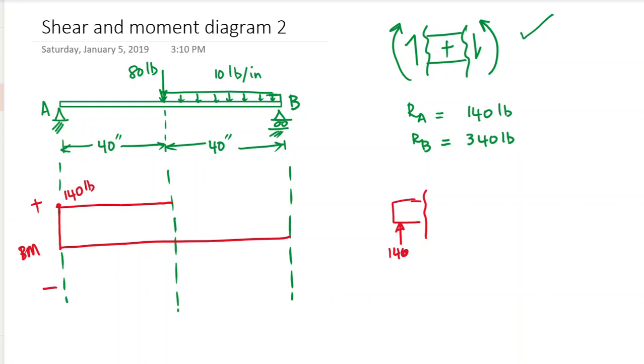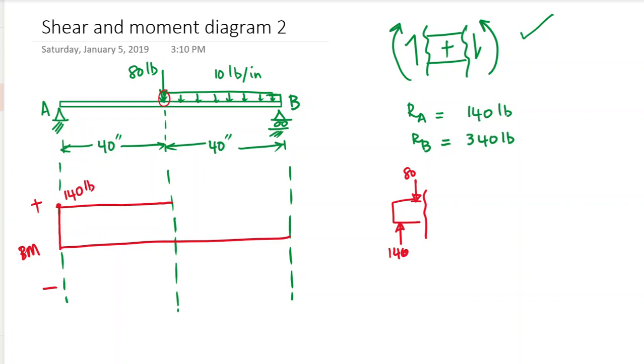Now, if we take a cut slightly to the right of the concentrated load of 80 pounds, ever so slightly to the right of that load, so that the effect of the uniformly distributed load is not evident at that point, it's infinitesimally small, so it's only 80 pounds. Then you will have a concentrated load of 80 pounds coming down, 140 going up, 80 coming down.